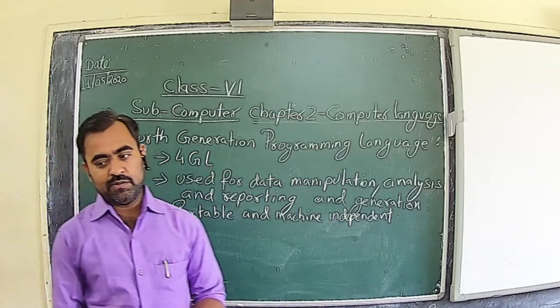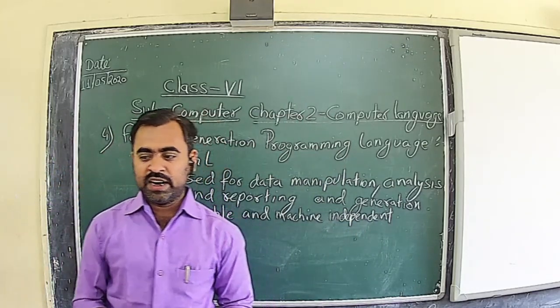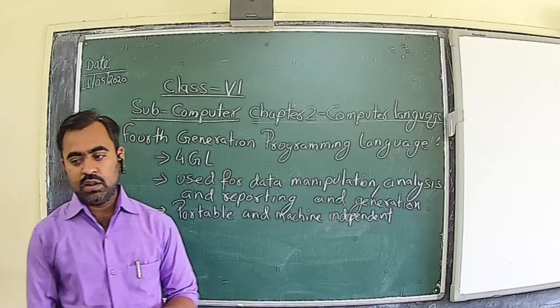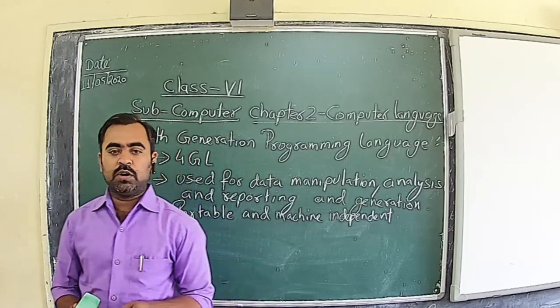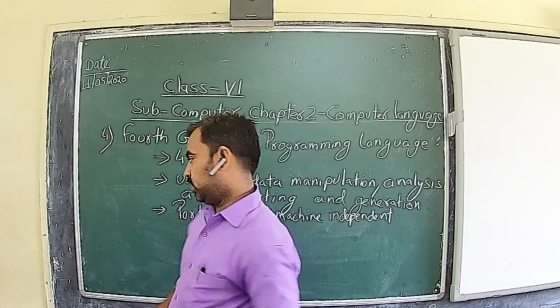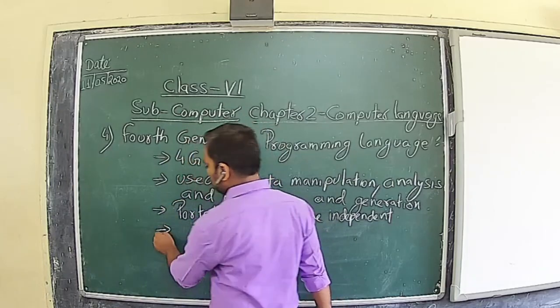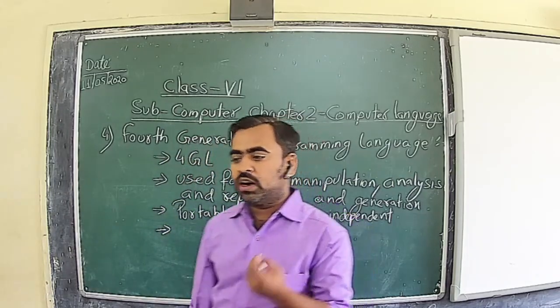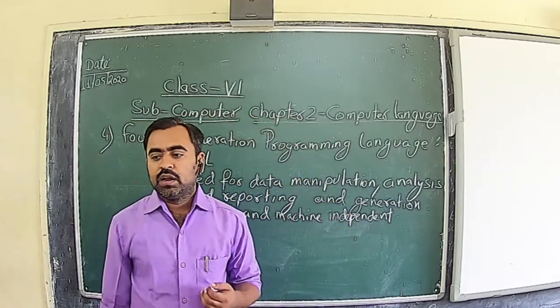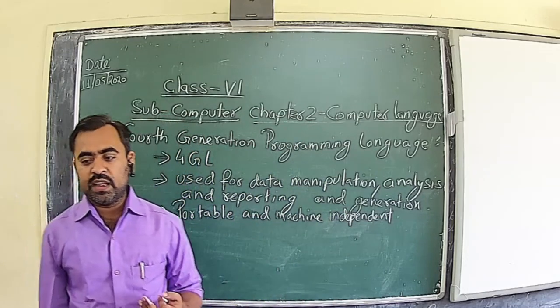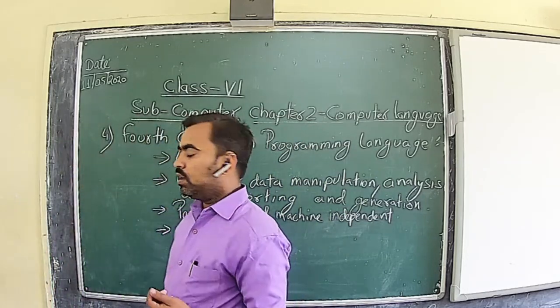The second one: the fourth generation languages are written in an easy format, so they are easy to debug and test, as they use language similar to the human language. It is very close to the human language, so it is very easy.